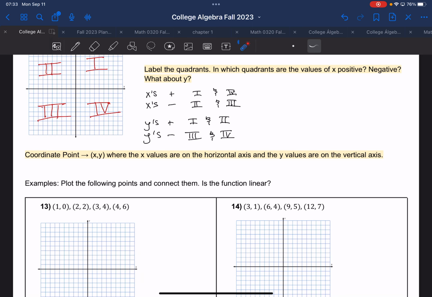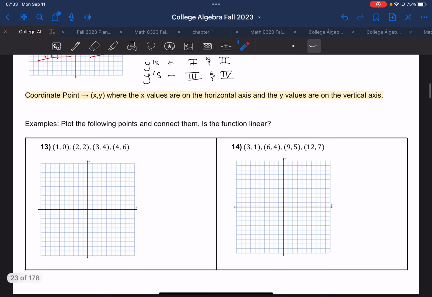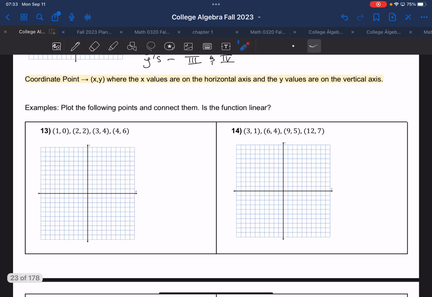So a coordinate point is written as x comma y, where x is the x values on the horizontal axis and y are the y values on the vertical axis. So on these examples, it wants us to plot the points and connect them.